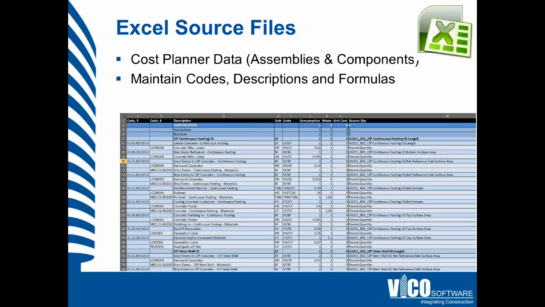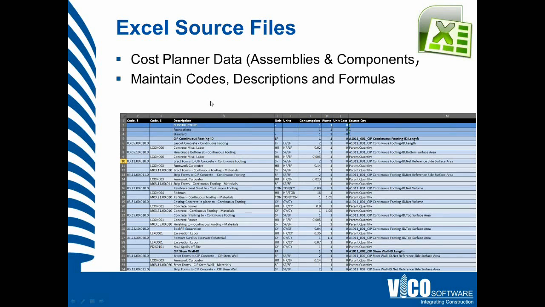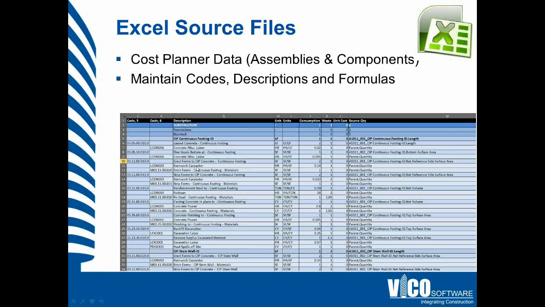So the way that this is provided makes it pretty quick to select the columns and bring in the information that you might want to change. So if you want to maintain your own coding structure or change the descriptions in this data set, you can do that in these Excel spreadsheets.